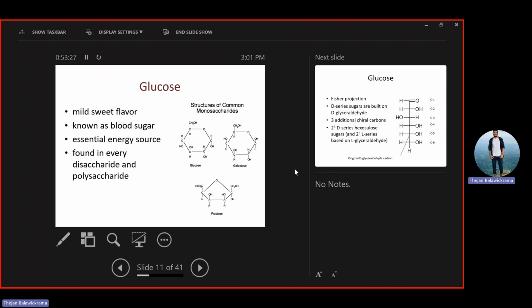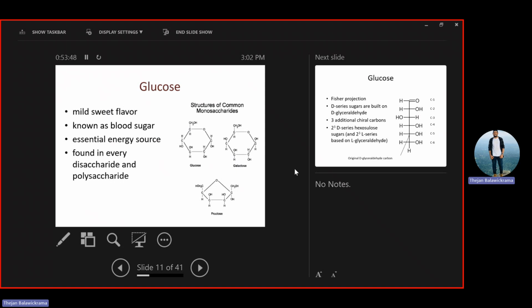We know glucose is our essential energy source. Glucose is the one we learned about in cellular respiration, right? When we take glucose, like buying it from the pharmacy, we eat or drink glucose. Then what is happening?